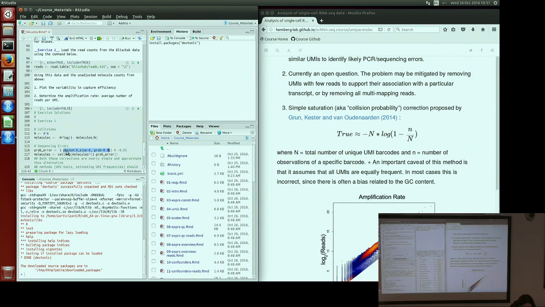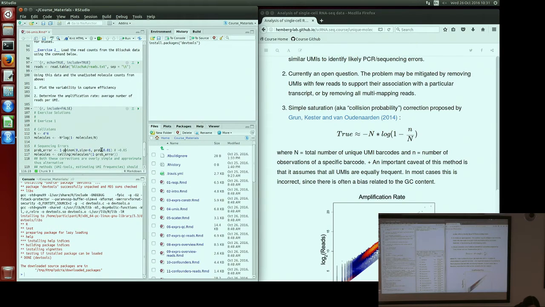So here we've got the probability of having 0 errors, when the probability of having an error is 0.01 per base, and we have 6 bases.